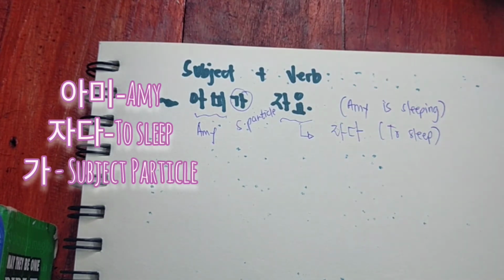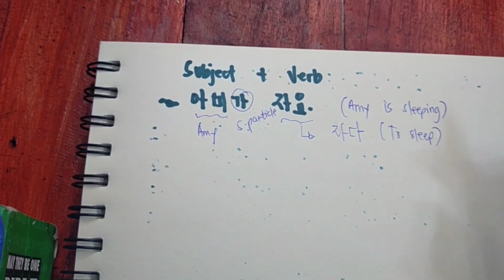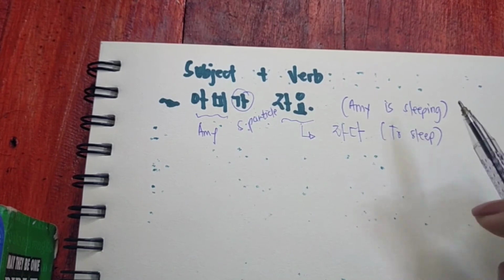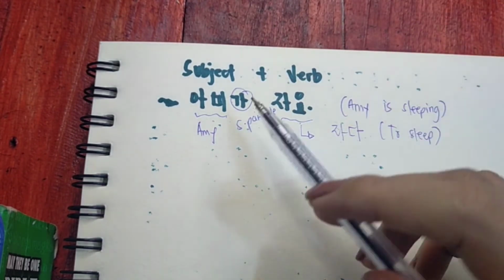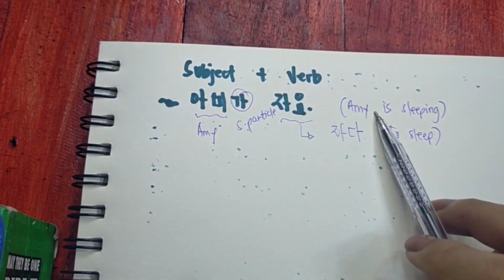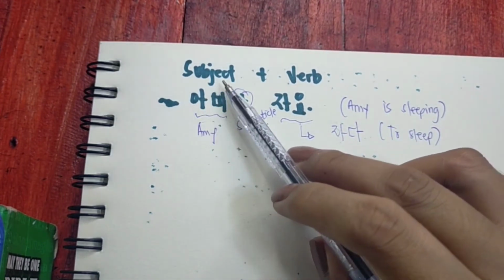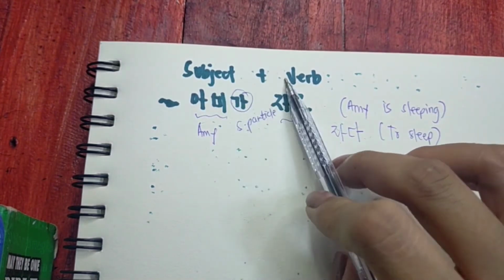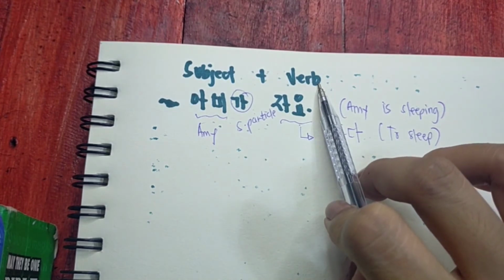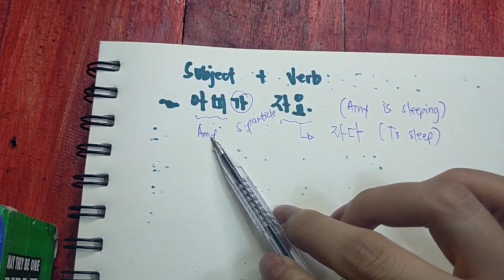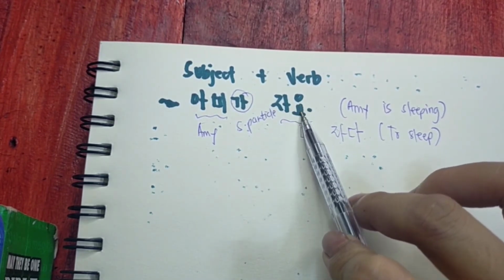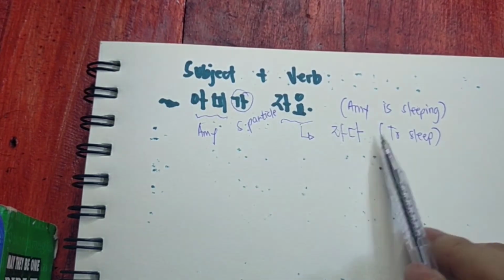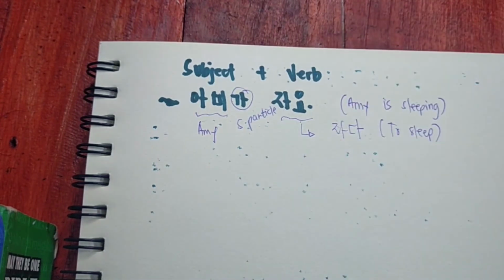And the next video, gagawa din tayo ng tutorial dyan about sa conjugation. From past tense, present tense, and future tense. Ami-ga jayo. Ami is sleeping. Example siya ng subject plus verb form. Ami, yung subject. Ga means yung subject particle, and jayo is yung verb from the word jada. Jada means to sleep.